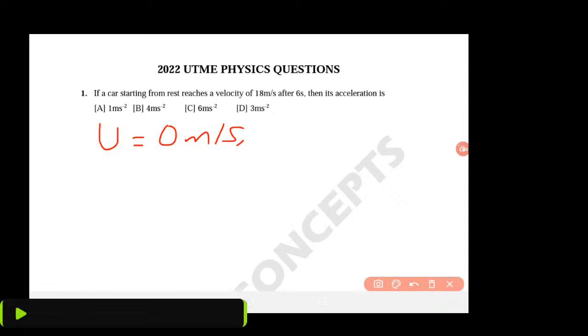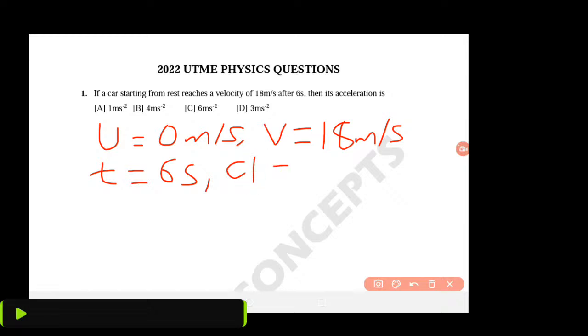The car reaches a velocity of 18 meters per second, so in this context this is our final velocity v, 18 meters per second, and this happened in time t equal to 6 seconds. So acceleration is what we are looking for here.